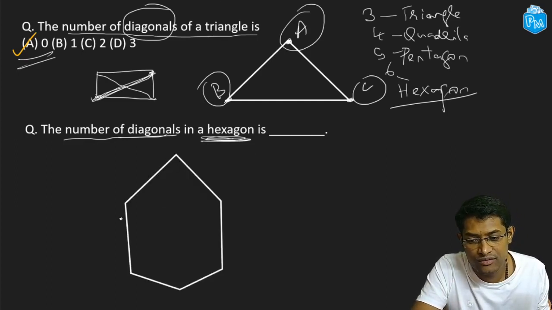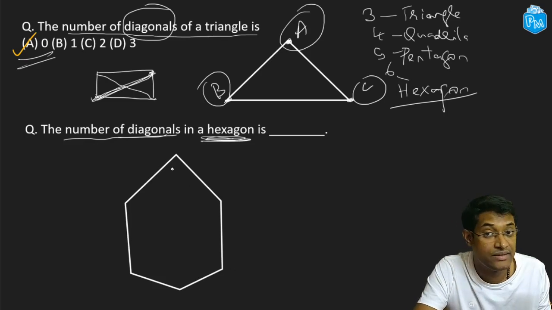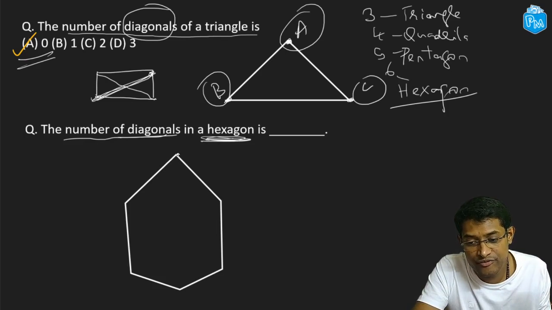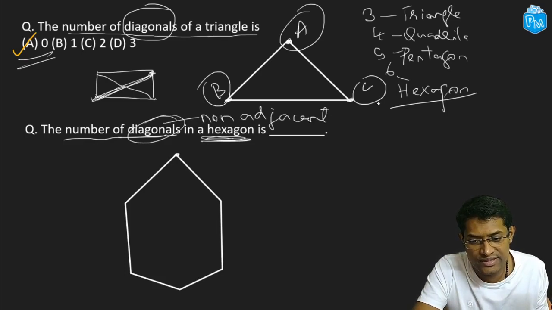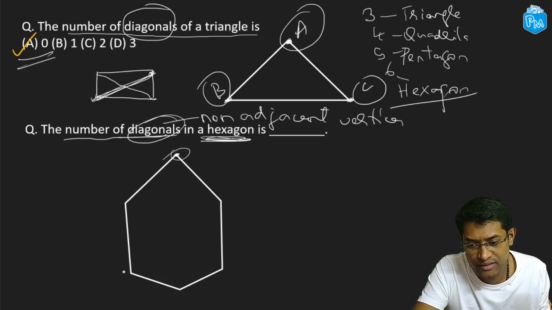Alright, now let me draw a hexagon over here. So it has 1, 2, 3, 4, 5, 6 line segments, right? Now let me start from this vertex over here. You remember a diagonal is obtained by joining non-adjacent vertices. Alright, so if I take this one over here, can I say this one is non-adjacent? No, because in this side these two are endpoints.